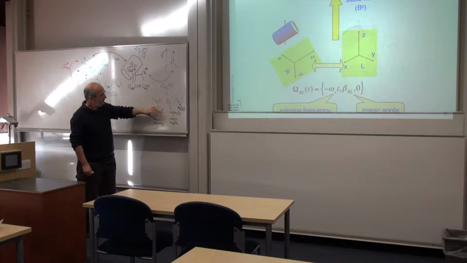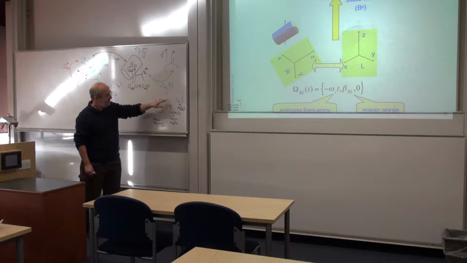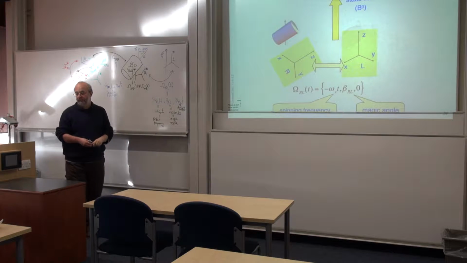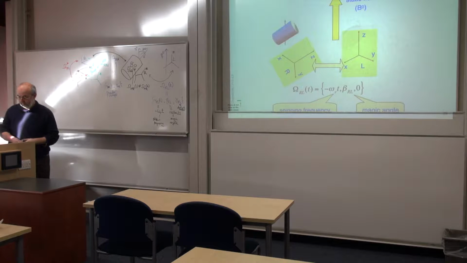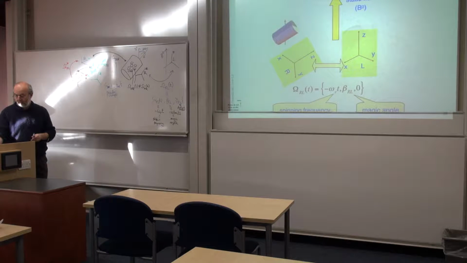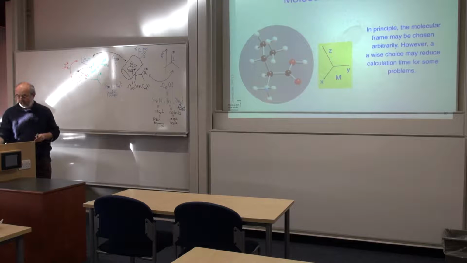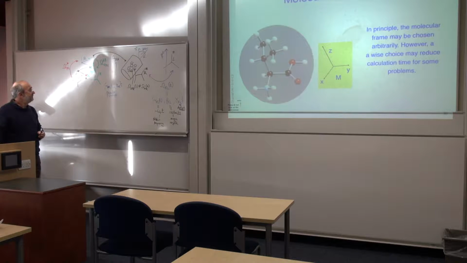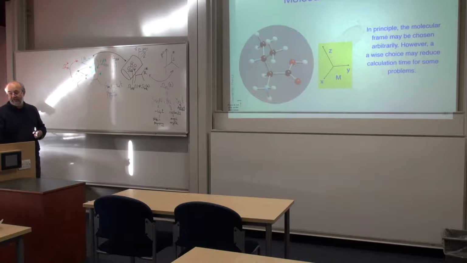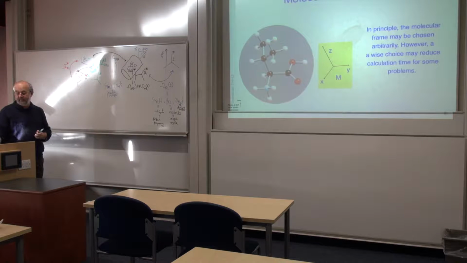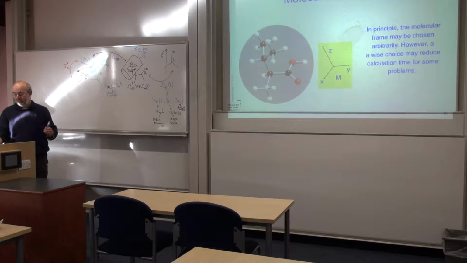Alpha is simple, just depends on time and rotation frequency, and beta is just the angle between the rotor axis and the field. Yeah, so there's the molecular frame, which in principle can be chosen how one wants, but sometimes a wise choice can reduce calculation time if that's what one is doing. In principle, though, it doesn't matter.